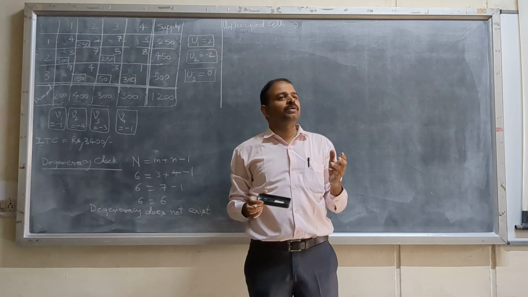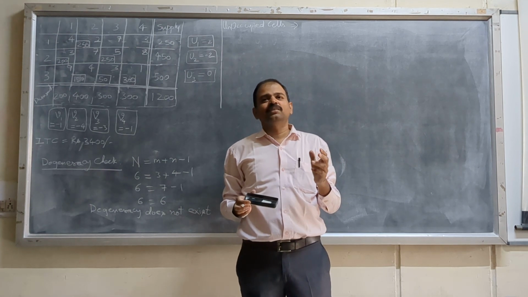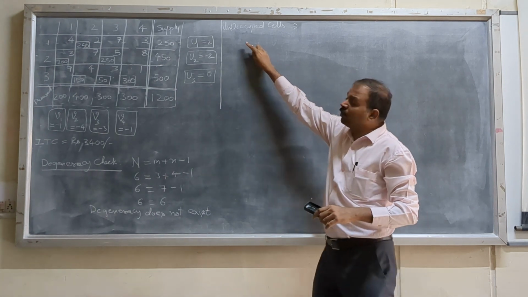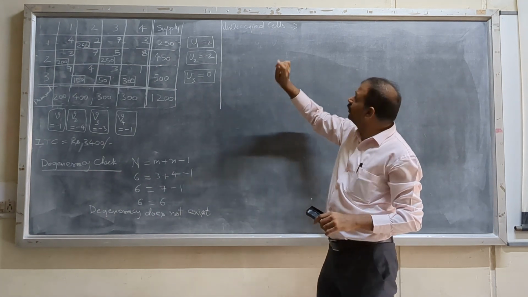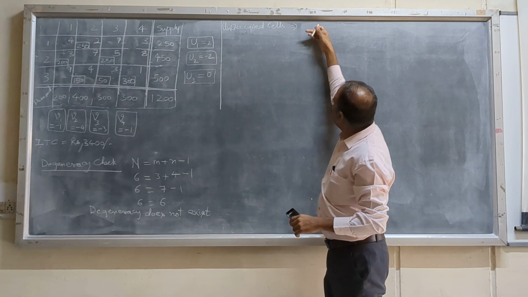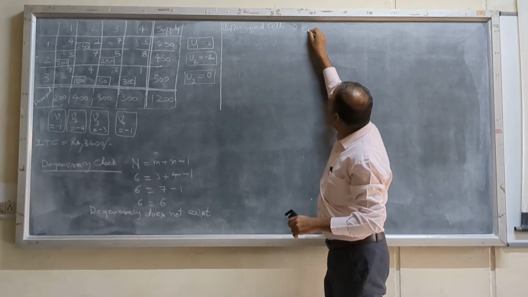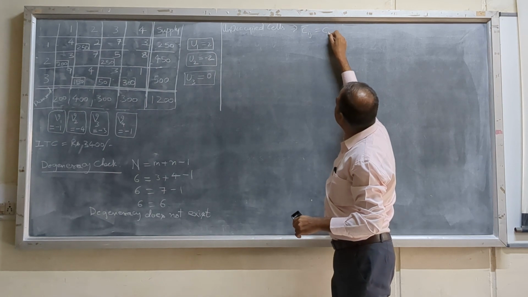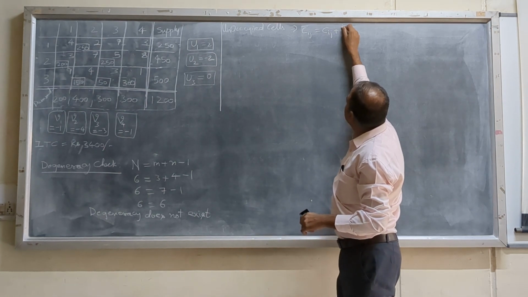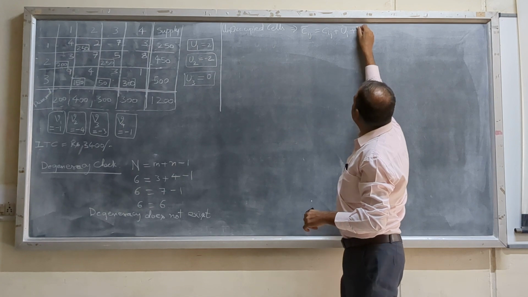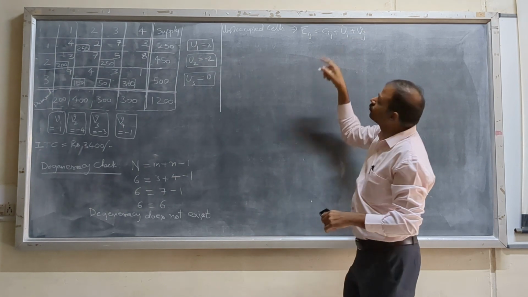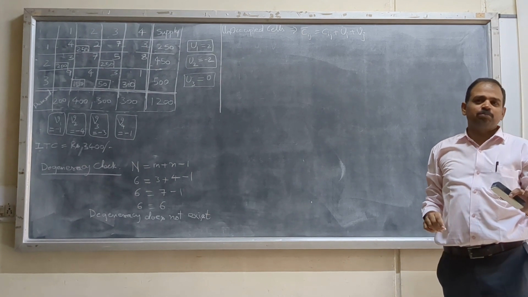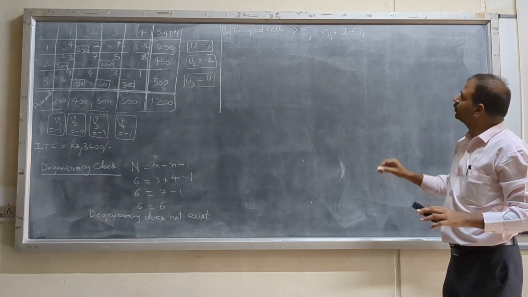Opportunity cost is normally represented as Cij bar, and this is for unoccupied cells. For unoccupied cells, the formula is Cij bar is equal to Cij plus Ui plus Vj. This is the formula that we will be using in the second step in the MODI method.